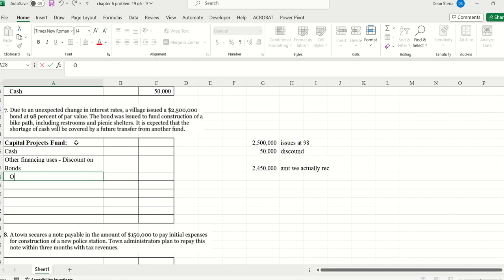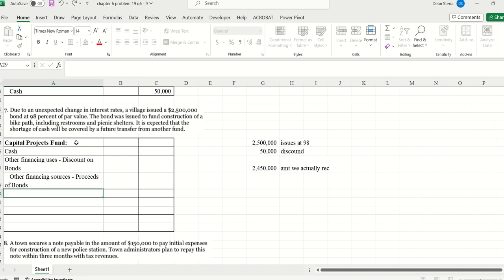And then we have other financing sources, which is the proceeds of bonds. So the cash we know is actually $24.50, right? Because we calculated that out. Other financing uses, discount on the bonds.